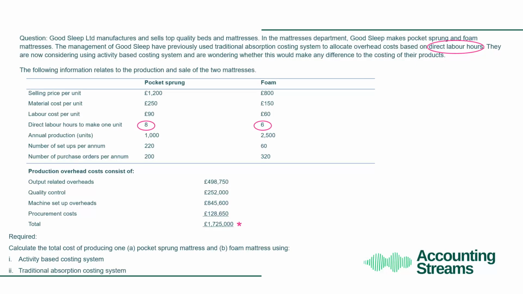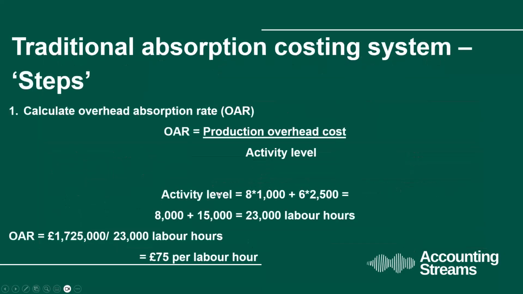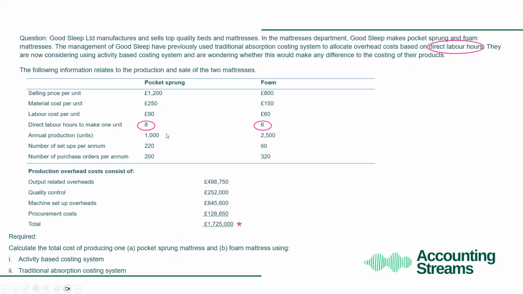In the question, we're given material cost and labor cost per unit, which are both direct costs. So £250 and £90 for the pocket sprung mattress, £150 and £60 for the foam mattress. Those are our direct costs. Our production overhead costs will be £75 per labor hour multiplied by the labor hours required to make each unit: 8 hours for the pocket sprung mattress and 6 hours for the foam mattress.